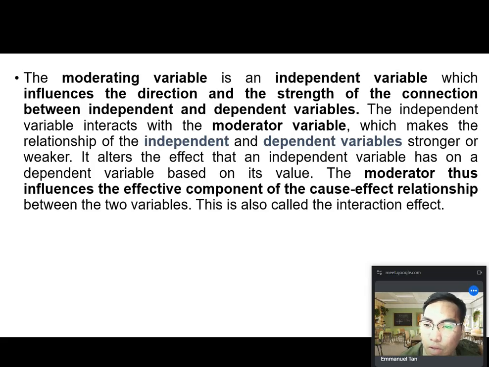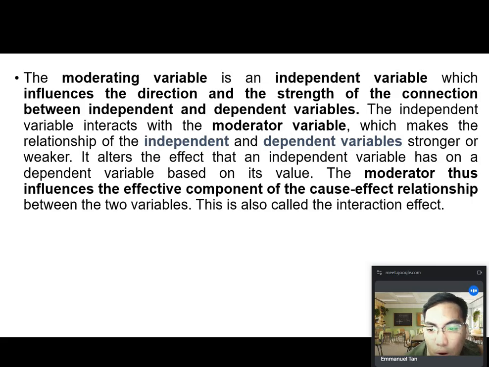Okay? So, the moderating variable influences the direction and the strength of the connection between independent variable and the dependent variable. Now, the independent variable interacts with the moderator variable. Nakita niyo kanina, no, yung arrow ay directly point doon sa arrow ng independent variable going to the dependent variable. Okay?